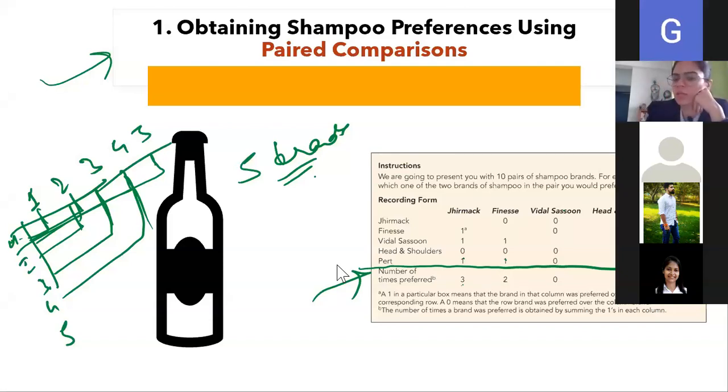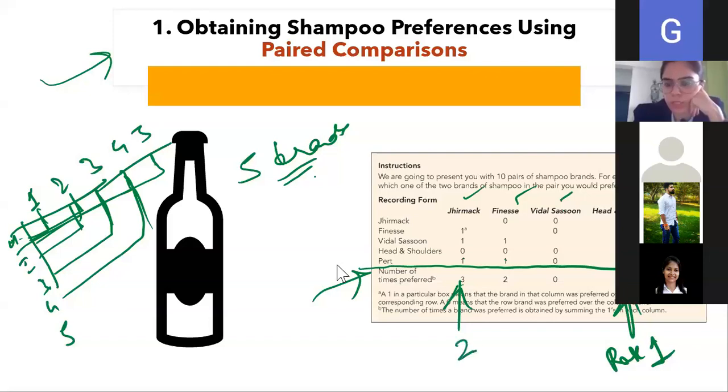How will we rank these brands? Which one is first? Rank 1: Head and Shoulders. Yes, this is rank 1. The second one is Zermac. And this is your third, this is fourth, and this is fifth.